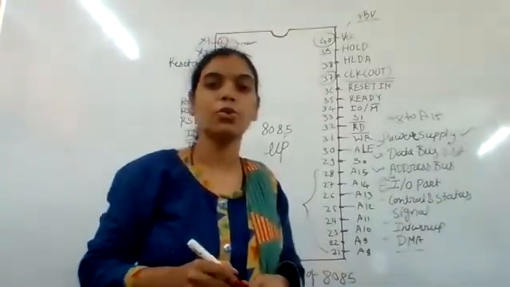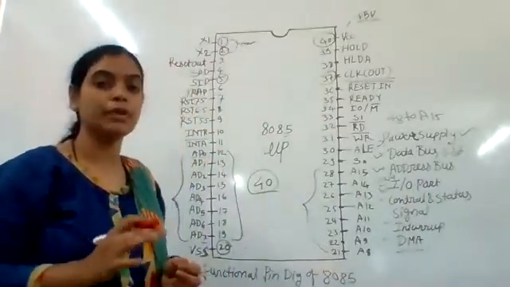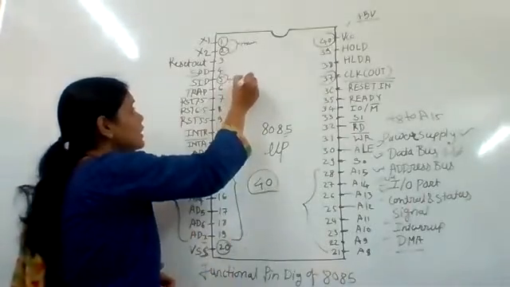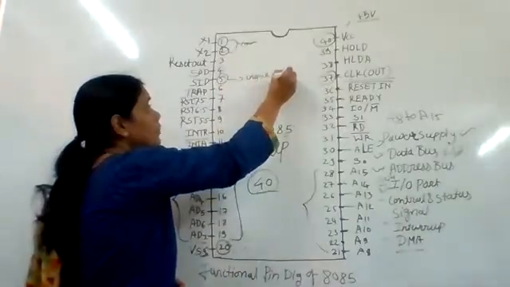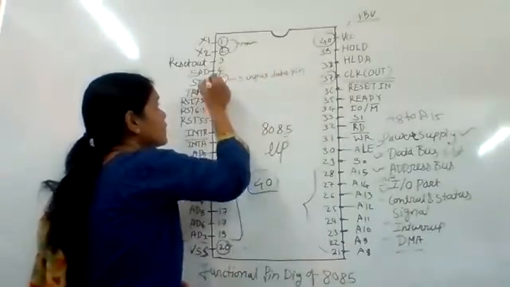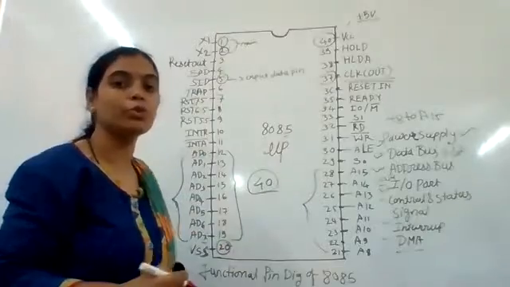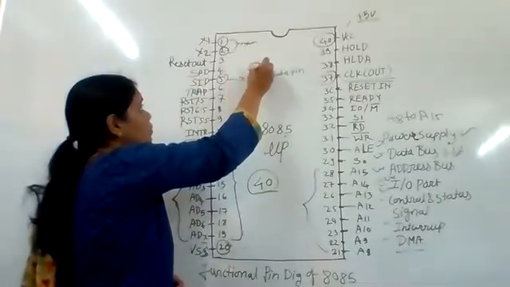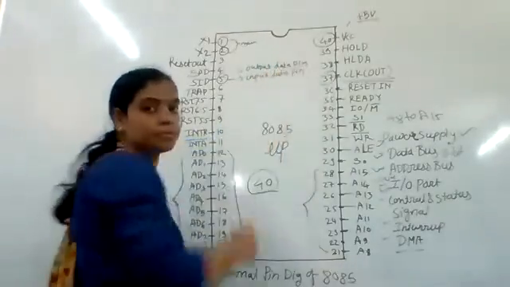SID denotes the serial input data pin, and SOD denotes the serial output data pin.